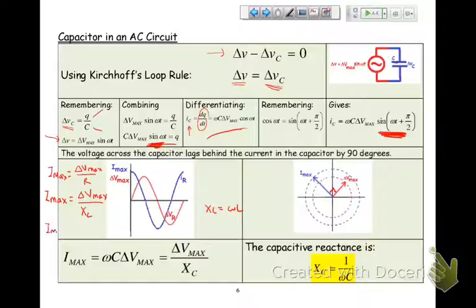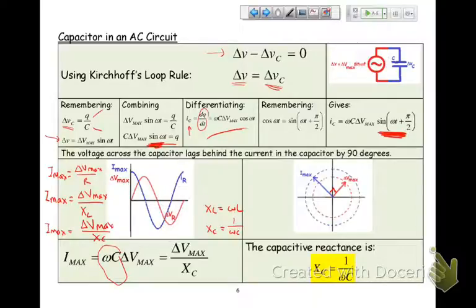I max for my capacitor will equal delta V max over XC. So what is XC? I have to look over here. That's 1 over omega C.